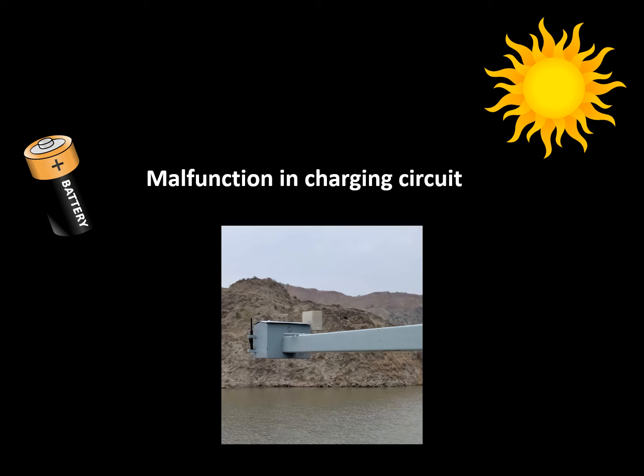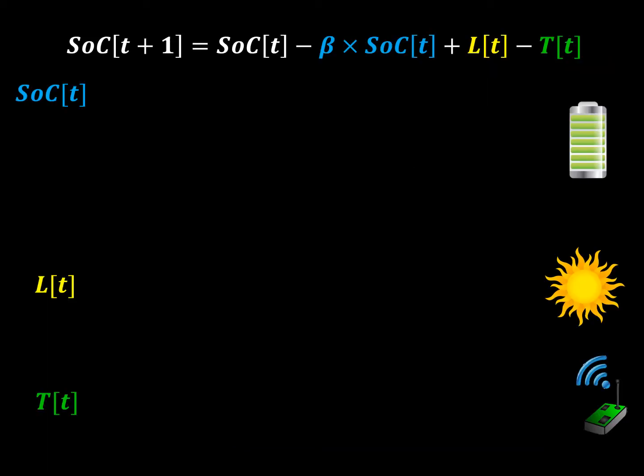So let's see what would happen if the charging of the battery is not being done as it should be. So the behavior progresses in the same way. However, the charging is less.